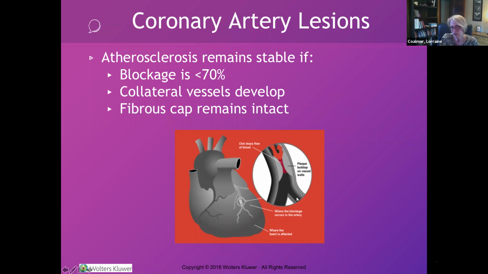I don't know if you know this, but it has to be 99% or less for them to actually intervene. If a vessel is 100% blocked, they cannot go in and balloon it, or whatever language you want to use, plasty. It has to have some avenue for them to get that catheter in. So if a vessel is 100% blocked, there's nothing you could do for it. You're going to have bypass.